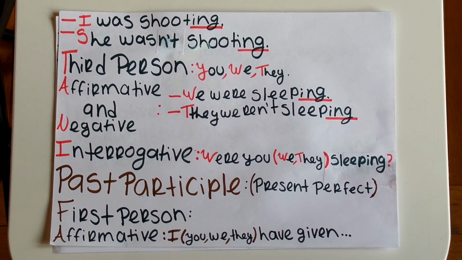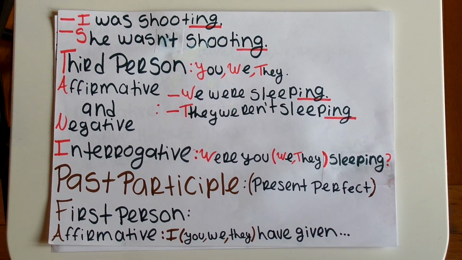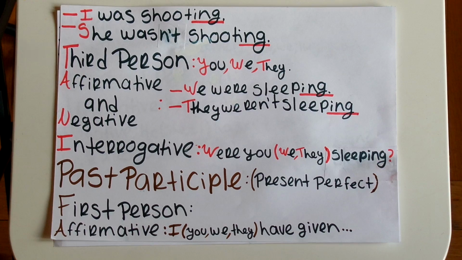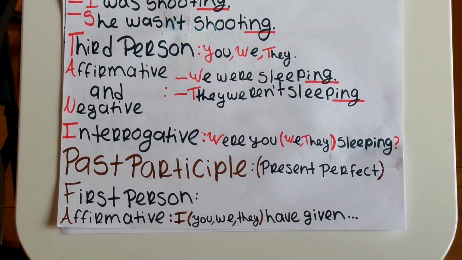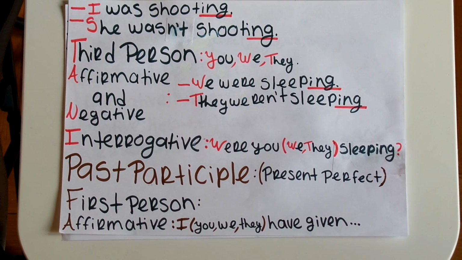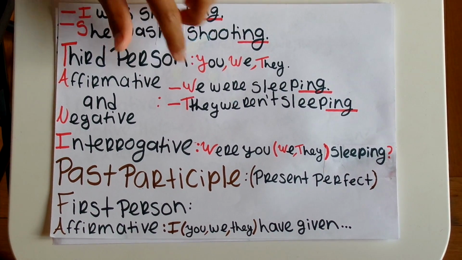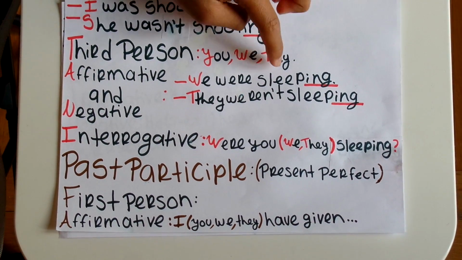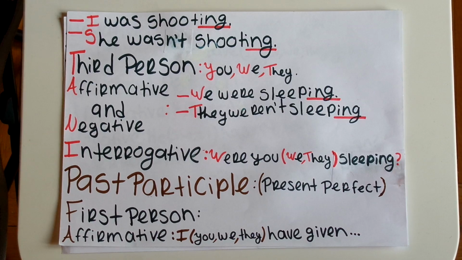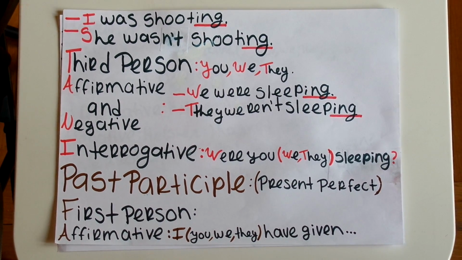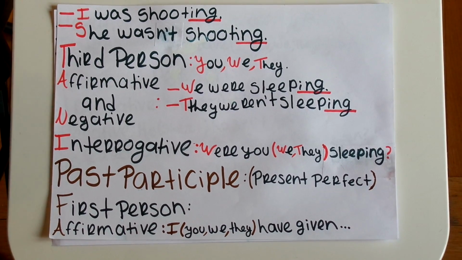In the third person subjects, that are you, we, they, an affirmative way will be we were sleeping, having a subject of we and a verb of sleep, adding the ing. And a negative is they weren't sleeping.